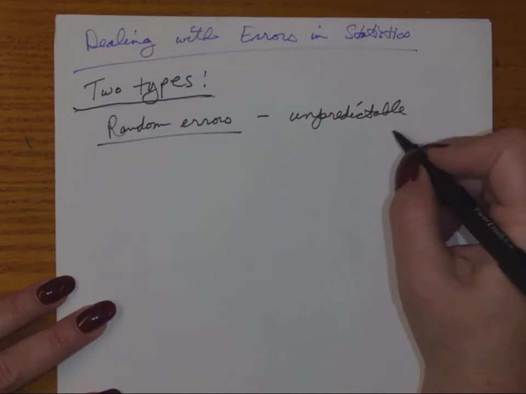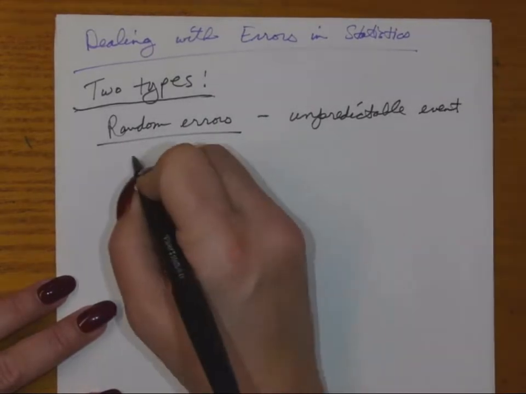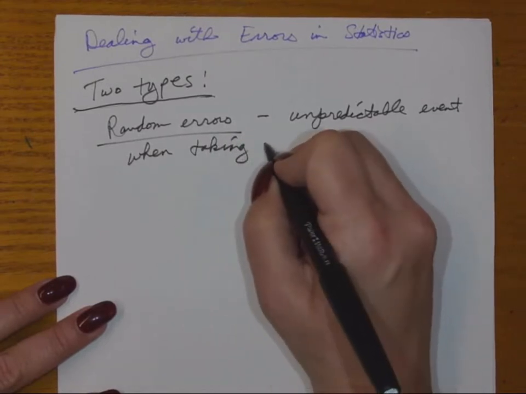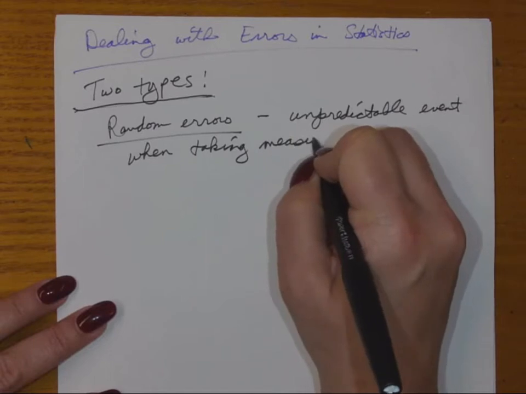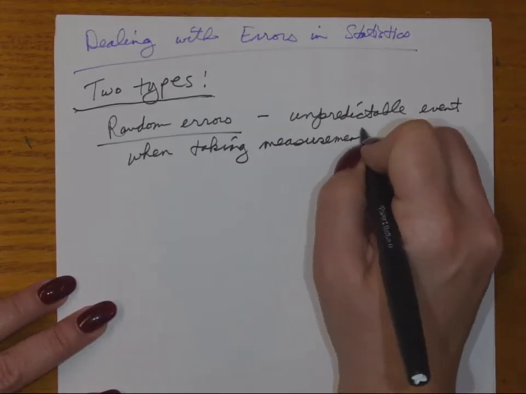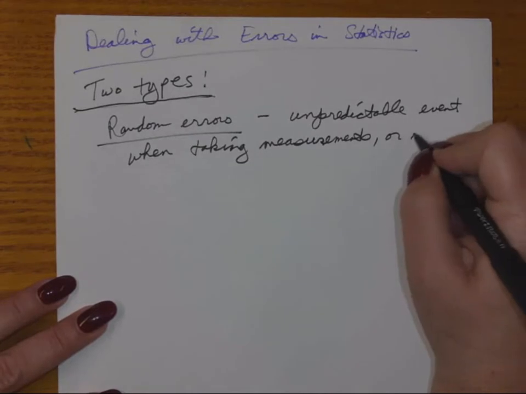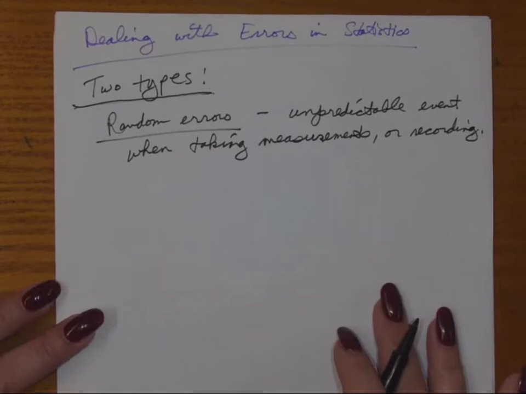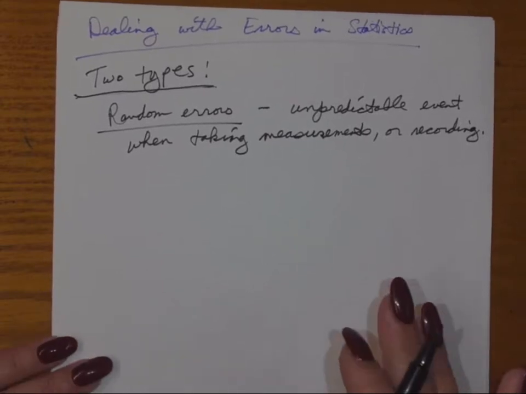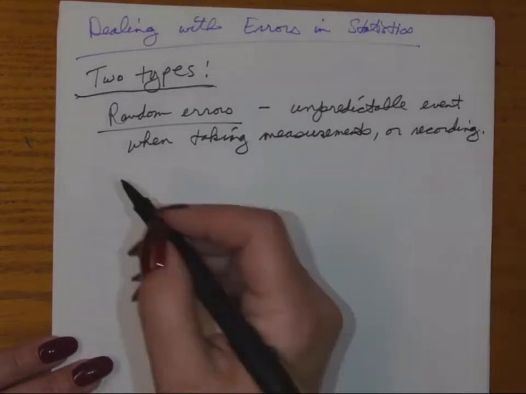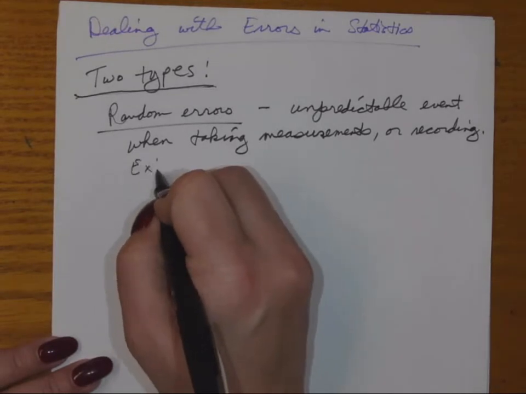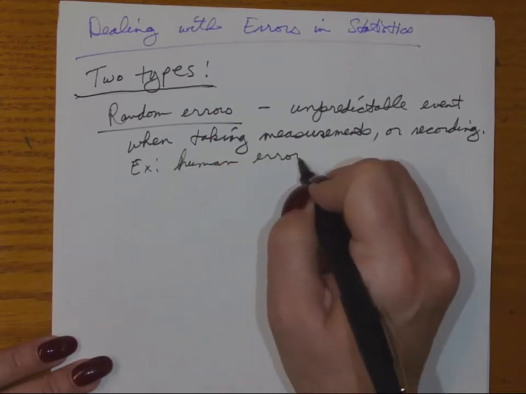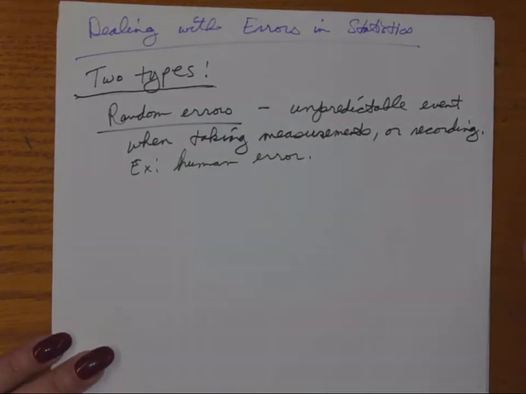So it's something that's an unpredictable event when taking measurements, I'll say, or recording. So you might think it's an accident, okay, something like that. So often we would call this human error. So it doesn't happen all the time, but every once in a while we goof up, okay?